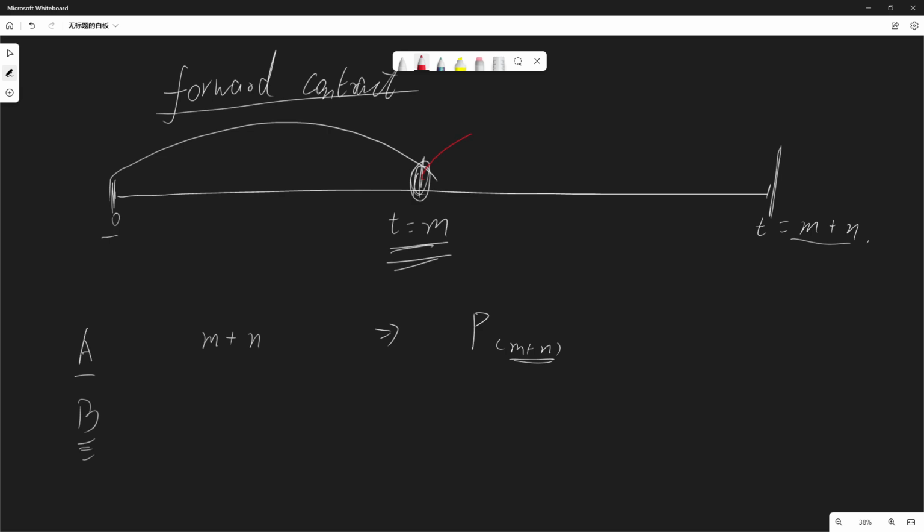But that zero coupon bond starts at time m and goes all the way to time m plus n, and in that way the zero coupon bond has a maturity of n rather than m plus n, because it's starting at time m, not starting at time 0.